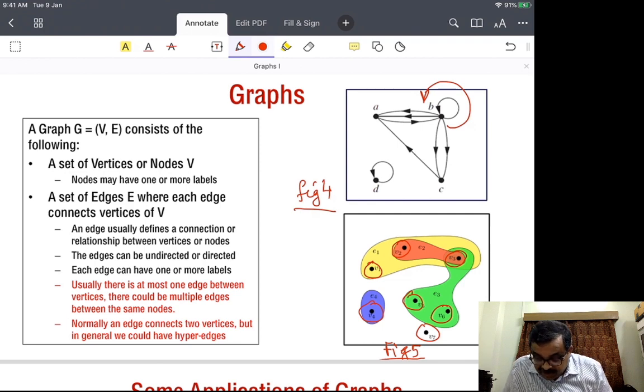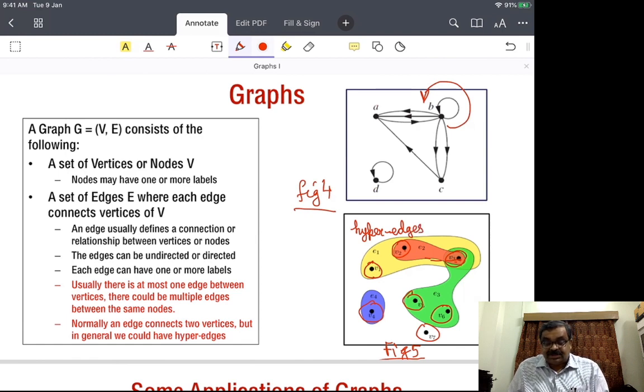Now, the red edge between vertex 2 and vertex 3 is a single edge. On the other hand, the edge between vertex 1, vertex 2 and vertex 3 is an edge that covers 3 vertices. Such edges are called hyper edges.